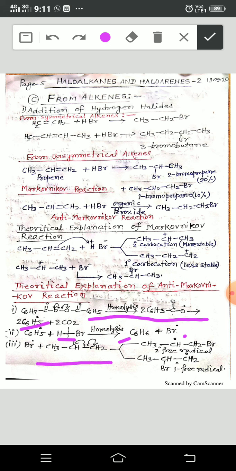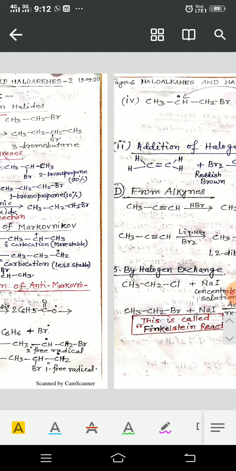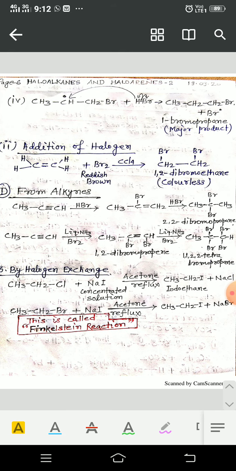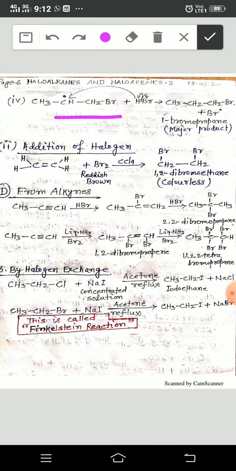Br free radical attacks propene and one product is a 1 degree free radical, another is a 2 degree free radical. The 1 degree free radical is less stable, and here is the 2 degree free radical. This 2 degree free radical again reacts with HBr and gives 1-bromopropane.